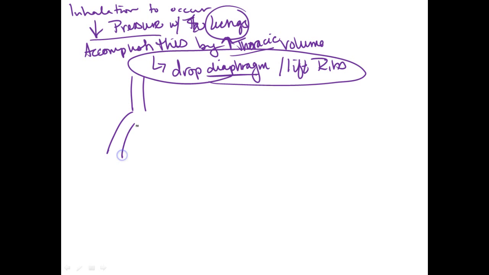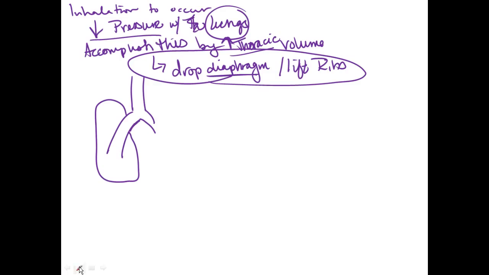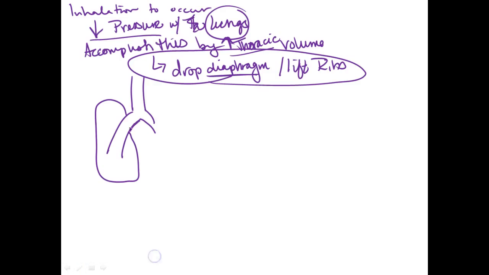So here is our trachea, and here are our lungs associated with that trachea and bronchi. Remember, if we go back to our anatomy, on top of the lungs is going to be our visceral pleura.